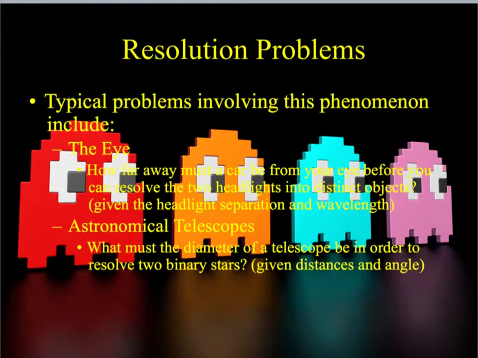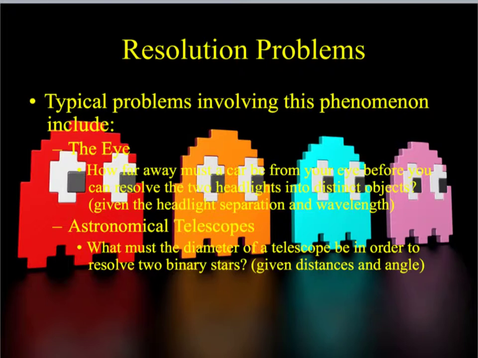You're driving on the highway and oncoming headlights look like one headlight, or you just see one light, and as it gets closer and closer, you're slowly able to tell that there are actually two headlights instead of just one. And so you might have to calculate the distance when that actually happens.